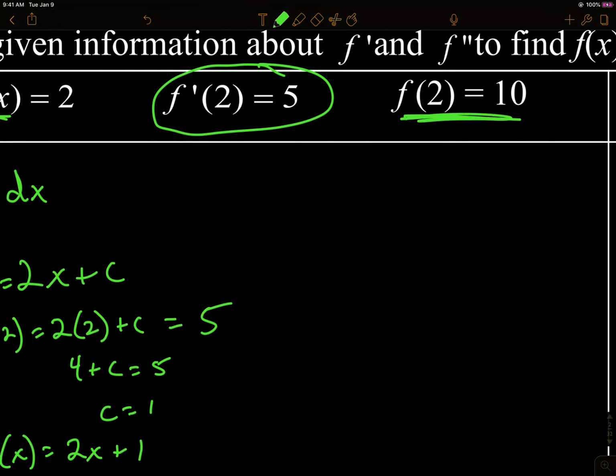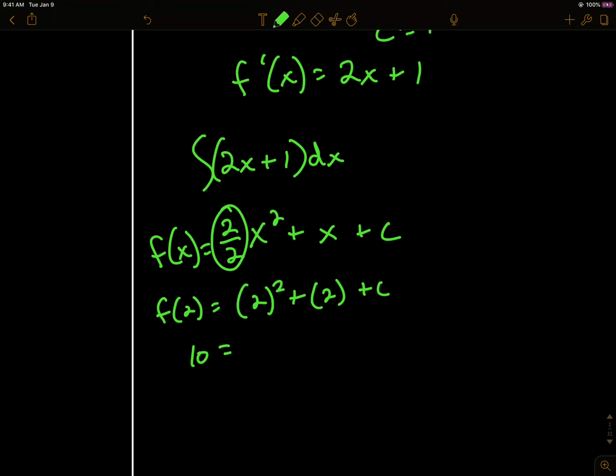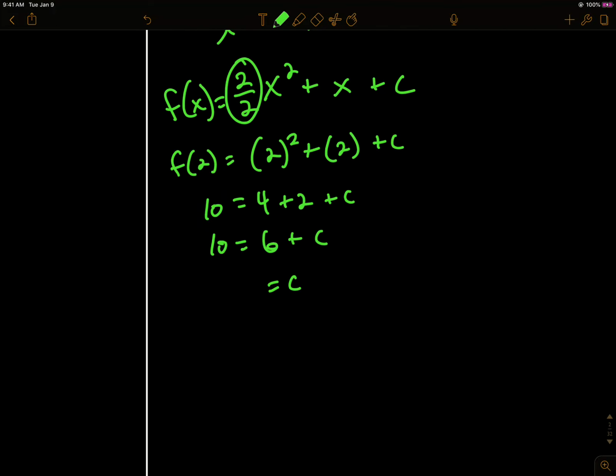They say when I plug 2 into f, I get 10. So f of 2 equals 2 squared plus 2. I just simplified that to a 1, by the way. 2 squared plus 2 plus c. That's going to be equal to 10, right? So we get 4 plus 2 plus c. 10 equals 6 plus c. c equals 4.